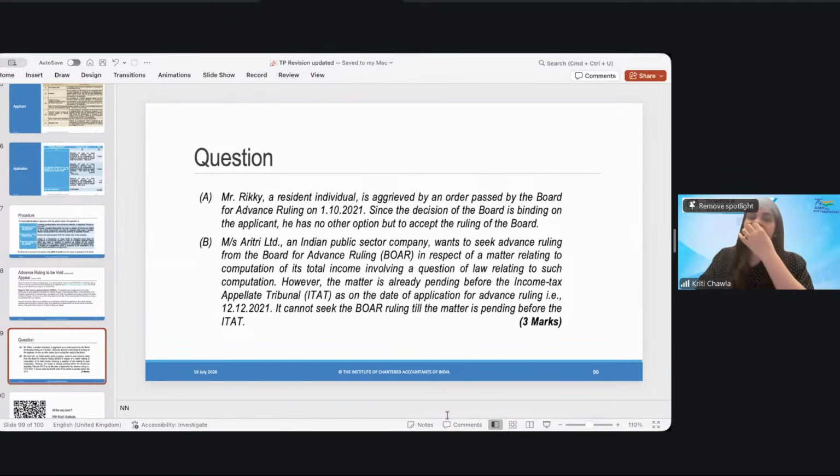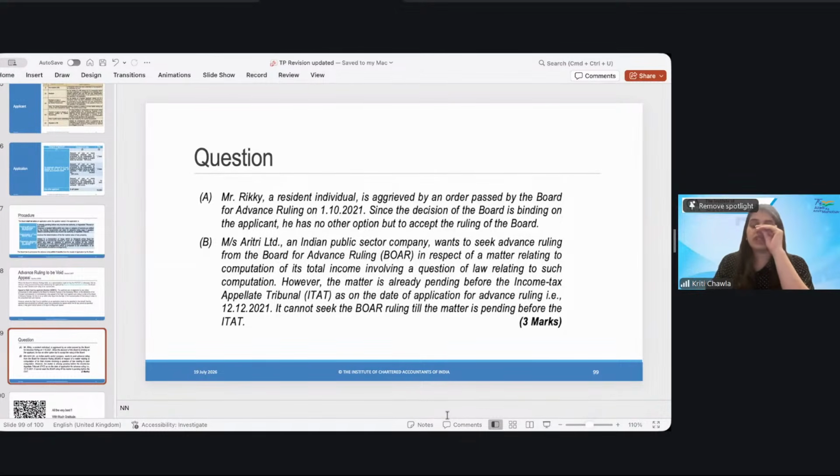Okay, so there are two questions right here. The first one is on Mr. Ricky, a resident individual, who is aggrieved by an order passed by the Board for Advance Ruling on 1st October 2021. Since the decision of the board is binding on the applicant, he has no further option but to accept the ruling of the board. Now, is this statement correct or not?